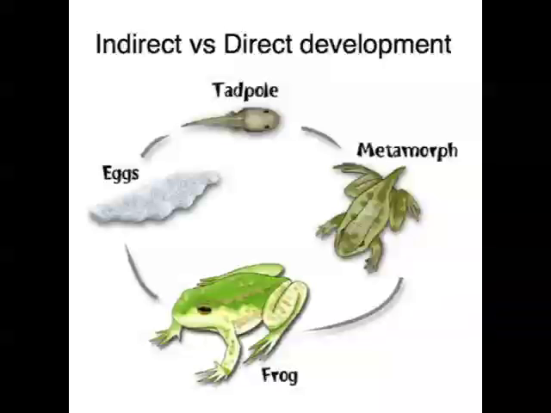And then when they've done that enough, they undergo something called metamorphosis. When the larva goes through metamorphosis, which is a type of change, it takes on its adult form. Sea urchins do this indirect development, and frogs also do indirect development, and tadpoles are the larval stage of frogs.